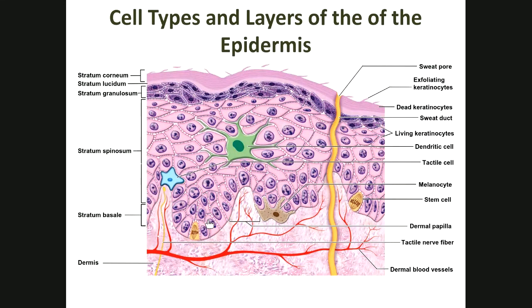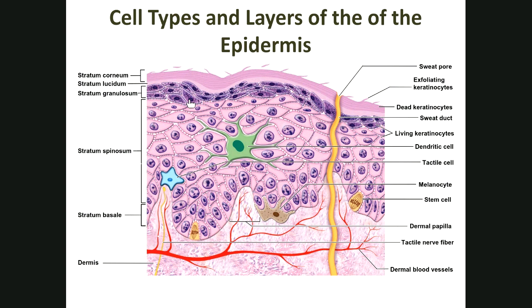The keratin starts making from the stratum basale. The amount of keratin increases and increases when we come up in the layers of a stratum spinosum. And when we reach the stratum granulosum, the amount of keratin in our cell increases. And you can see them as dots inside the cell.